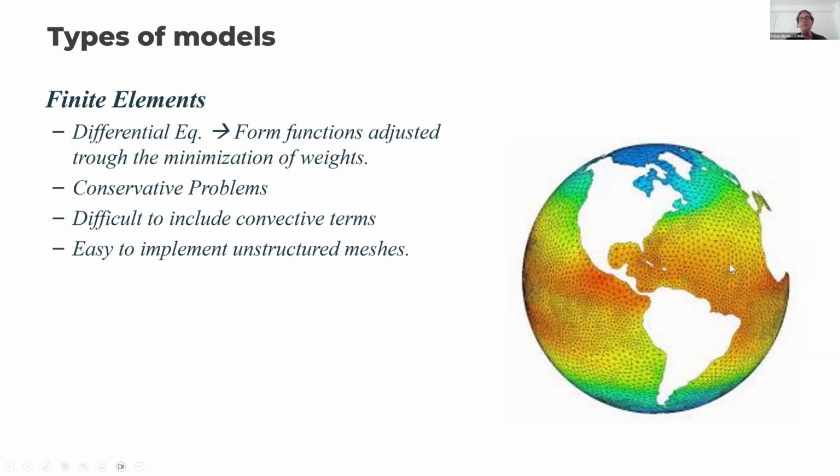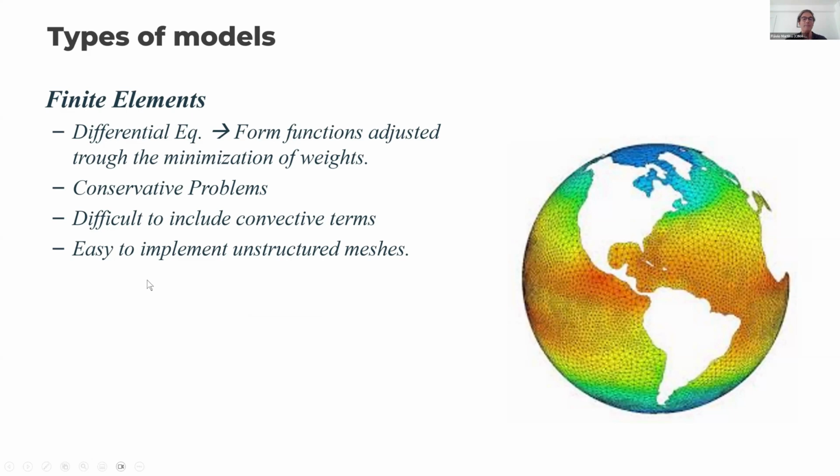Usually they use the triangular mesh, but the differential equations are transformed into sets of form functions, which are adjusted to the solution, solving a minimization problem, okay? But they have conservative problems, and it's difficult to include the convective term, as I said.